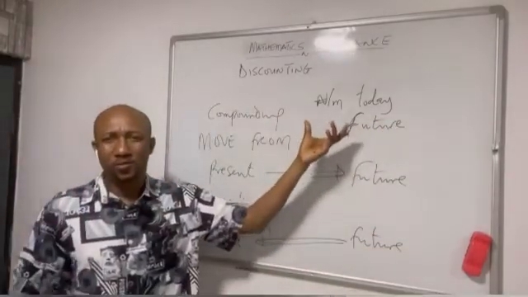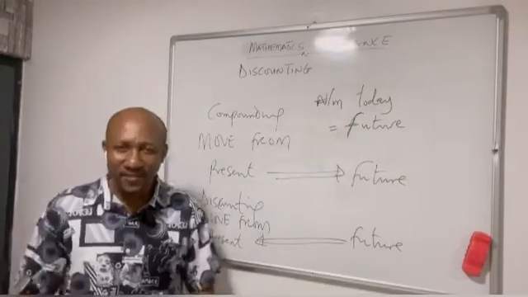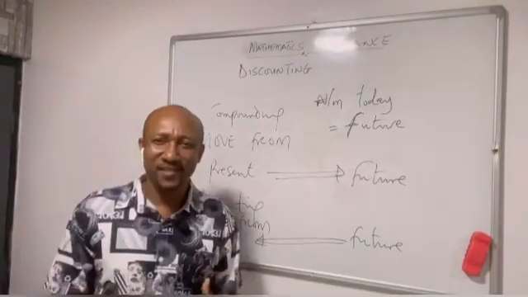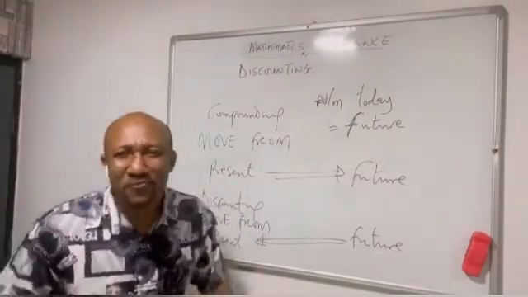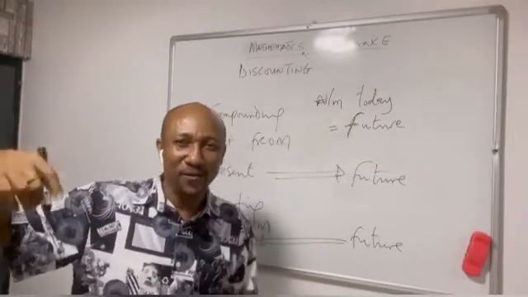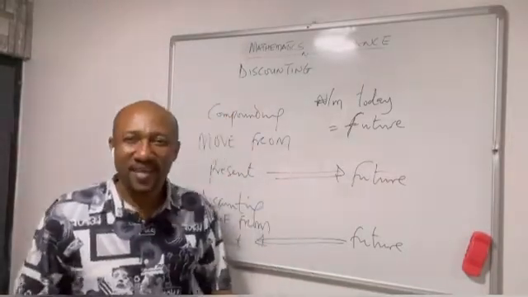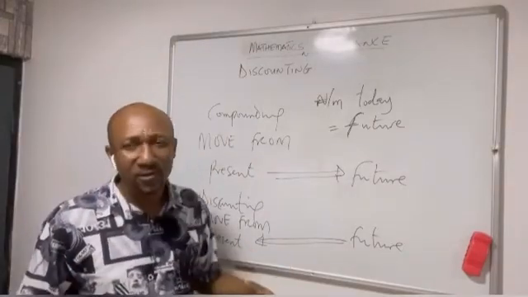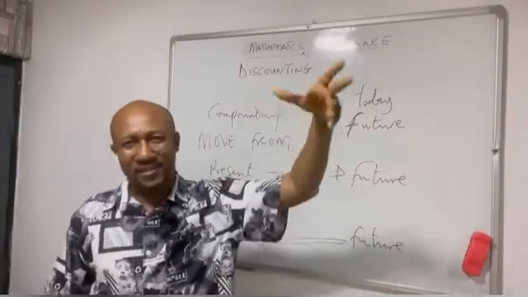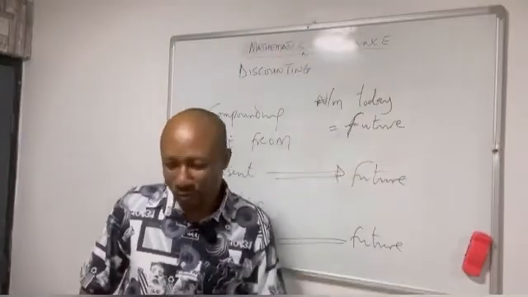That's what compounding says. Discounting, on the other hand, which is the reverse, says if you need 1 million in 5 years' time, how much should you save today?